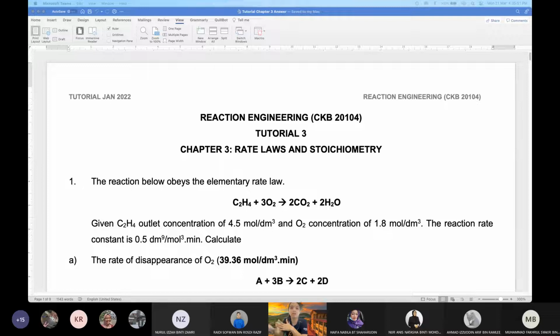We know already how to calculate the reaction rate constant. We learned what the rate law is, and then we learned the stoichiometric table, for batch and for flow. After that, we learned to determine the concentration. How are we going to find the concentration? So in the lecture, if you realize, it's all done separately.